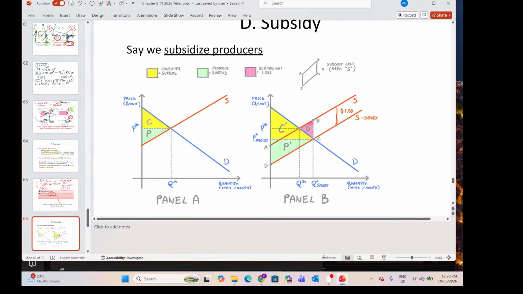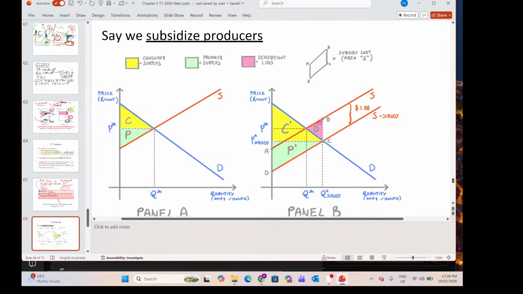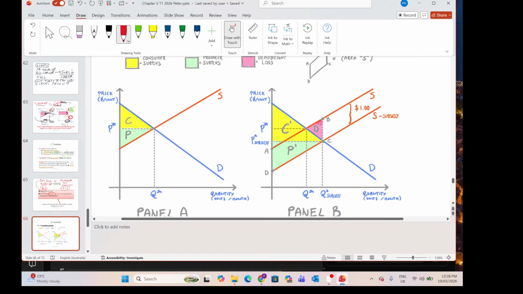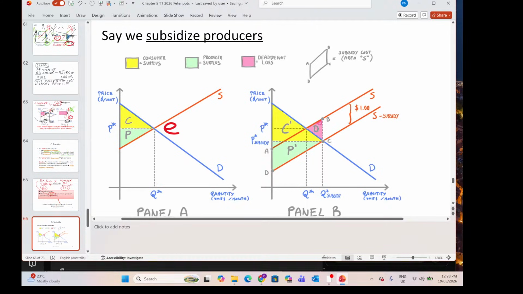Now we can see on our diagram in front of us, in the diagram on the left, that the equilibrium was at a certain point. The price is shown. We can show the consumer surplus.